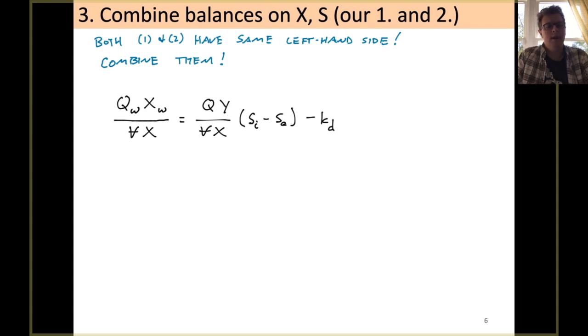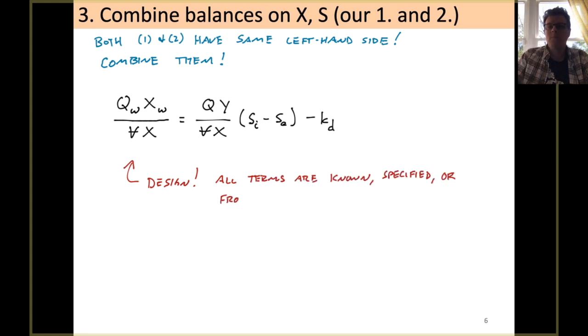This relies on knowing something about your inflow and outflow concentrations, but it doesn't rely on the underlying kinetics of the equation at all. And so this can be a handy design equation. All the terms here should be known, specified, or something that you can derive from a laboratory test, and this is a great equation to use to solve for volume.